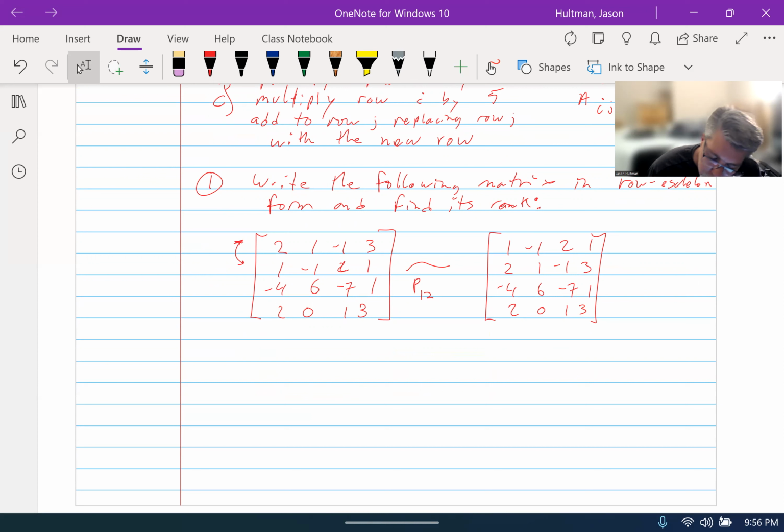Okay, the next thing that I want to do is I want to make one of the entries or elements of the first column a 0. So what I can do is I can get this entry here, the row 2 first column entry, as 0 if I multiply the top row by -2 and then add it to the second row.